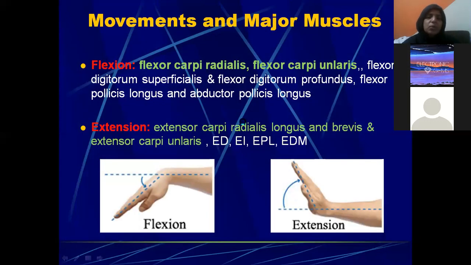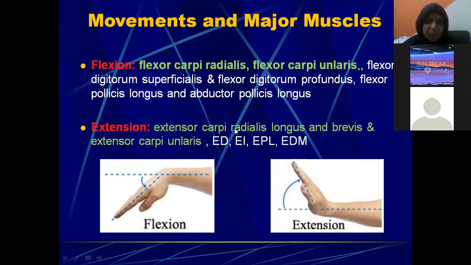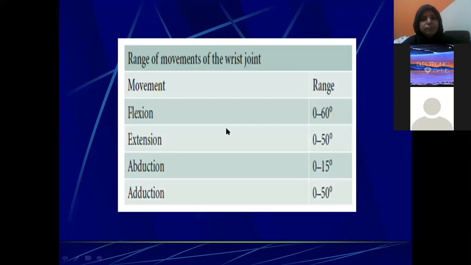If you can remember in this way, this is the same list I have kept. Range of movement is not so much required, but flexion can allow up to 60 degrees. Extension is a little less, 50 degrees. Abduction is 15. Adduction is more, 50 degrees.